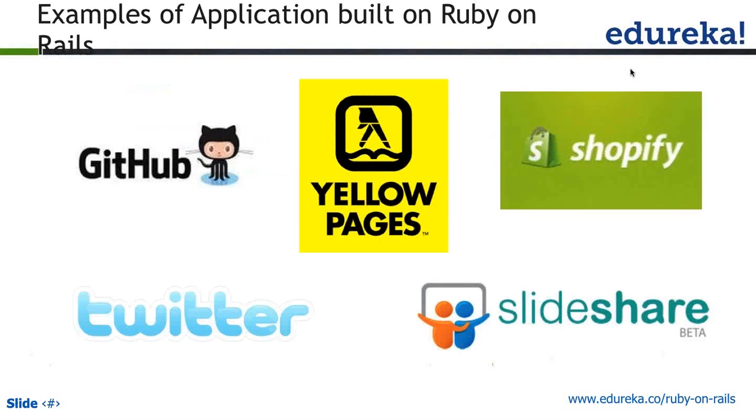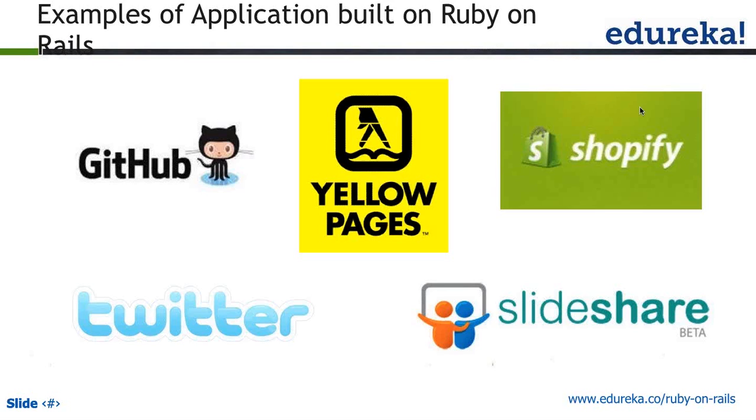Whenever you think about switching the application, framework, or programming language, or whenever you're starting your career with a new language, you always ask, okay, who else is using it? So Ruby on Rails is used by GitHub, which is the biggest online code repository at the moment.